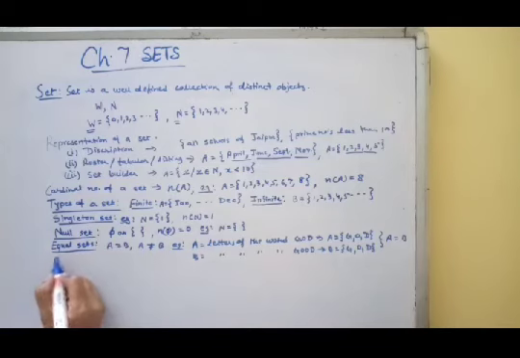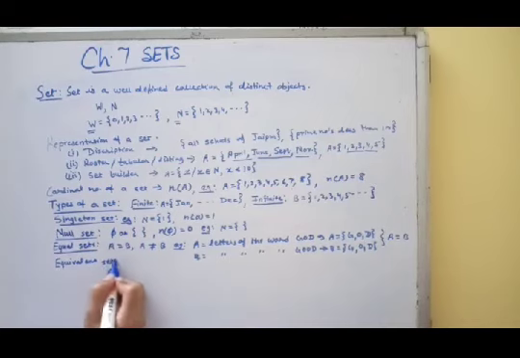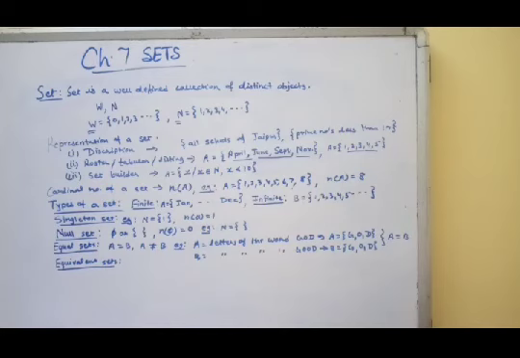Next is equivalent sets. Two sets are said to be equivalent if they have the same number of elements, not exactly the same elements. Only the numbers of elements are equal, and the cardinal numbers of both sets are equal in equivalent sets.